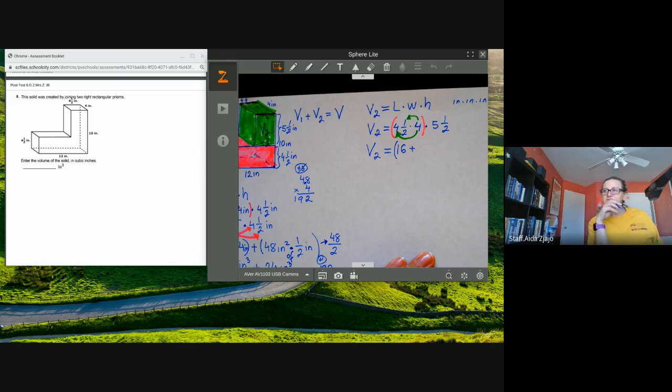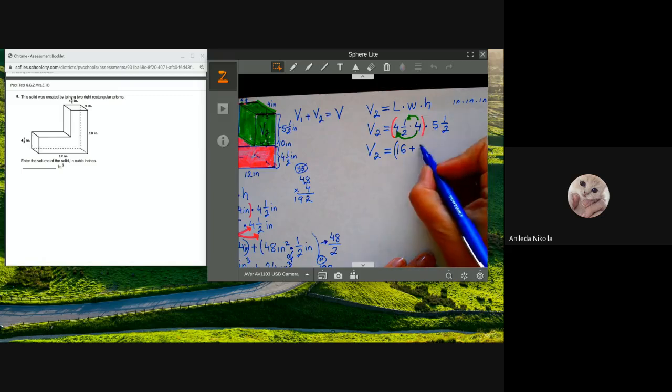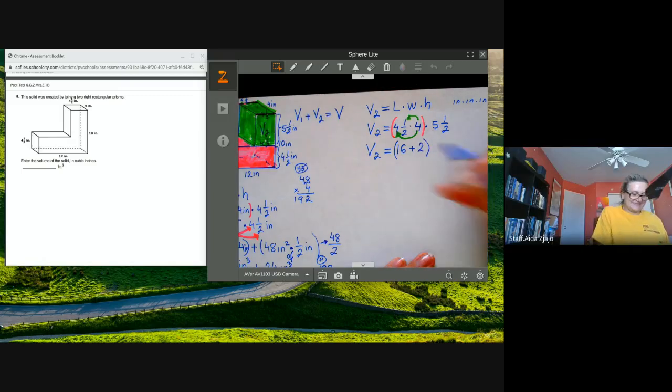What is 4 halves? Four halves is 2 wholes. That's right. Boom. That's exactly it.